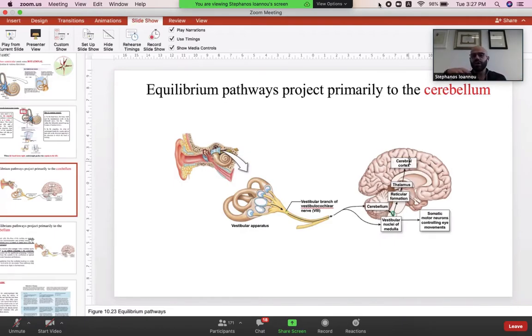Let's say we're walking and we stumble on an object, then we put our hands in front of our face. So that's also one of the reasons why we have projections from the reticular formation to the thalamus and the rest of the cerebral cortex, because we engage not only the motor part of the eyes, but also the motor part of any other part of our body. That could include the legs, the hands, and anything else that has to do with movement.